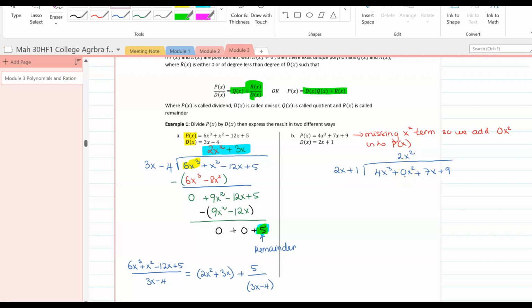Note that we start with the x squared term on top, but originally we don't have it, which makes the problem messy and hard to follow. So we put a placeholder, 0x squared, so we have somewhere to put our x squared term and keep track of what we're doing. Now we multiply back: 2x squared times 2x gets us 4x to the third.